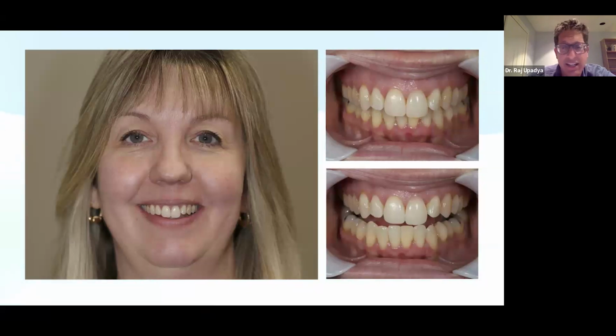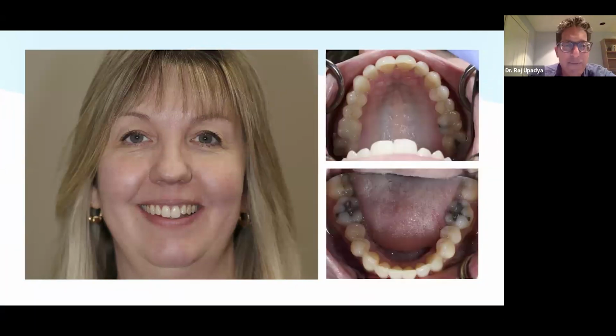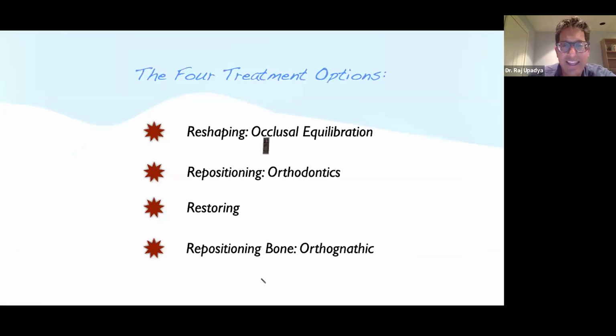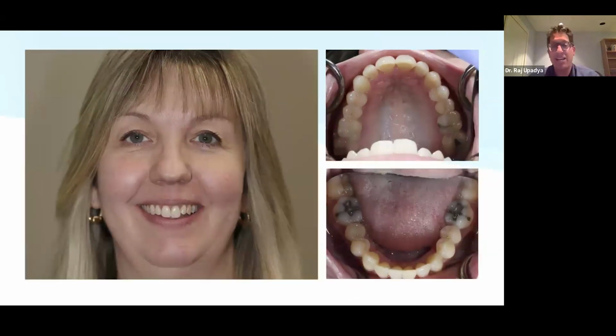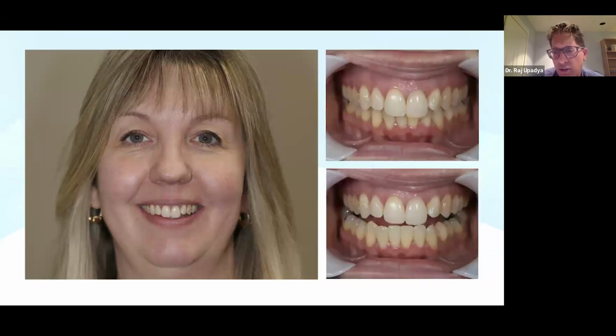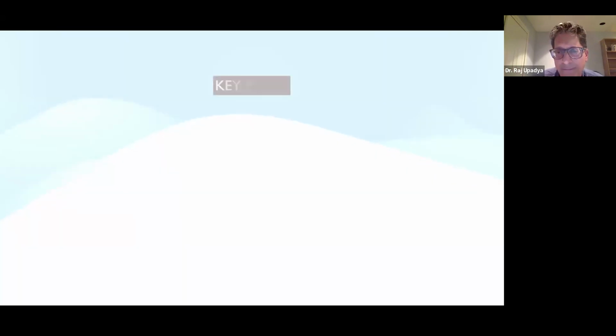Like in Allison's case, and in, oh my God, I forgot her name, but in this case also, we did not have to do a whole lot of reshaping. We added and we did very, very fine equilibration to get the occlusal scheme exactly as we needed it to.